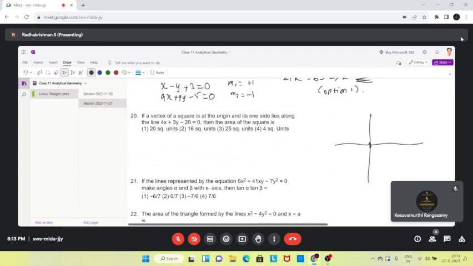So can we just plot this line. When x equal to 0, y equal to 20 by 3, somewhere here. When y equal to 0, x equal to 5.